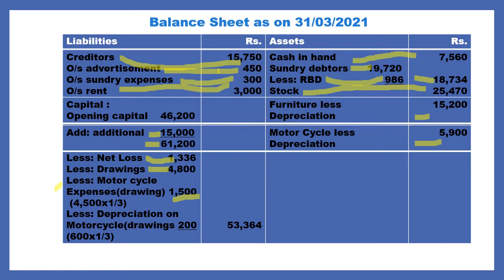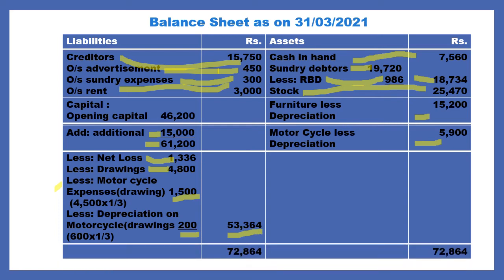So 600 into 1 by 3, 200 is for private purpose, considered as private or personal expenses. So closing capital comes to 53,364 and total of the balance sheet comes to 72,864.